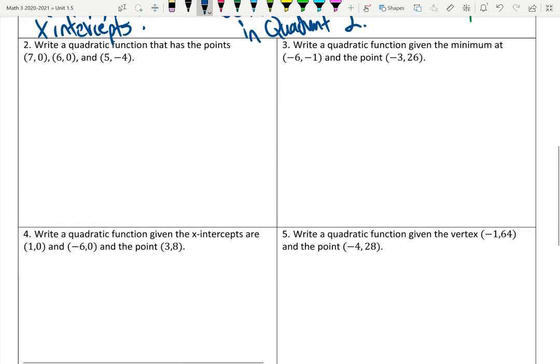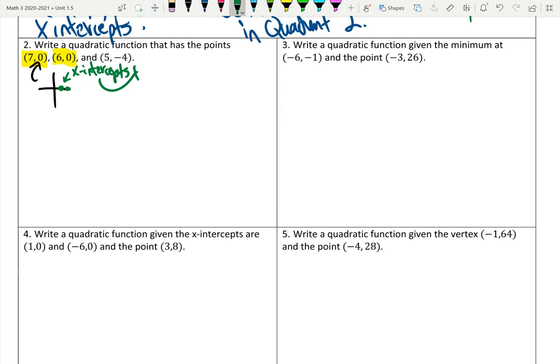So all of these are essentially the same problem with different information given. For the first one, it gives you 3 points. Well, something brings my attention about these guys. With the 0, this tells me, let me go ahead and graph it. It would be over here and then over here. These are x-intercepts.